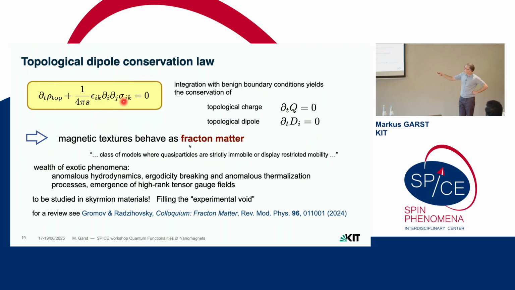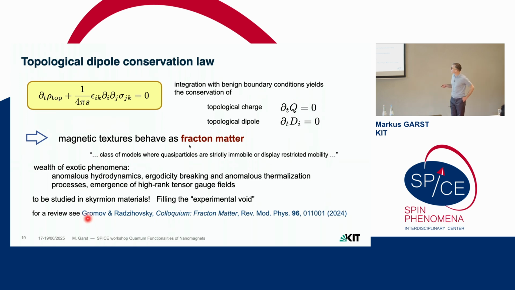Okay, conservation laws of that type, where the current itself can be expressed as a divergence, recently became very fashionable and are now discussed in the context of fracton matter. So what are fractons? Fractons is a concept that first surfaced in the context of some exotic spin liquid models.